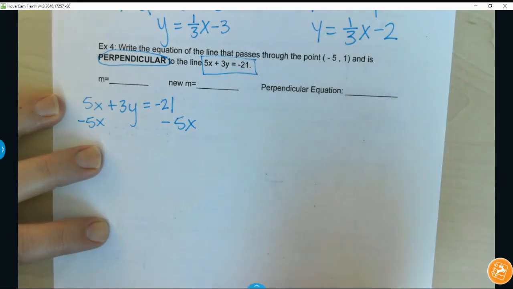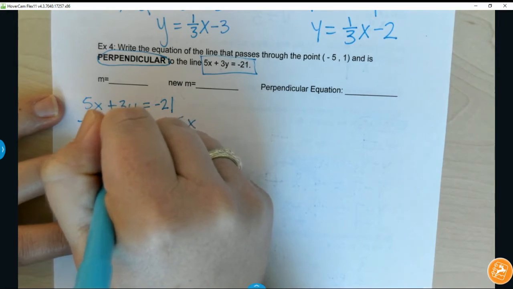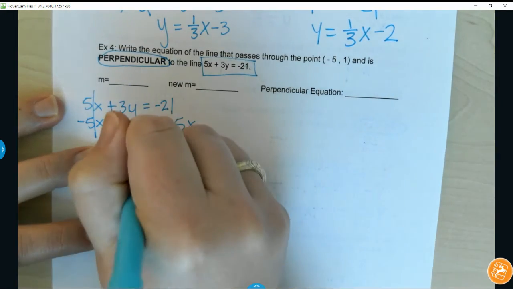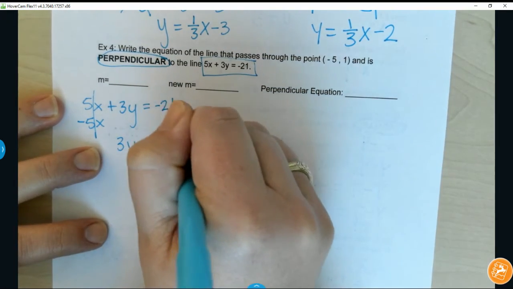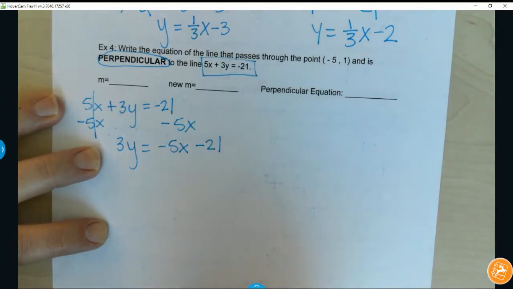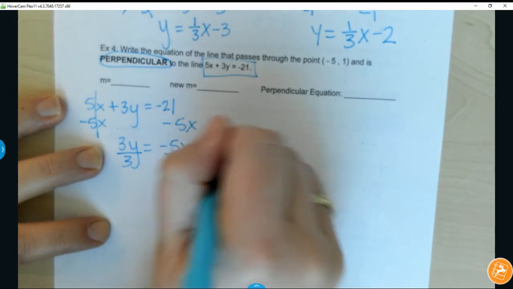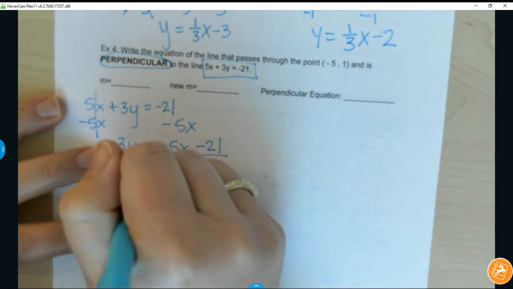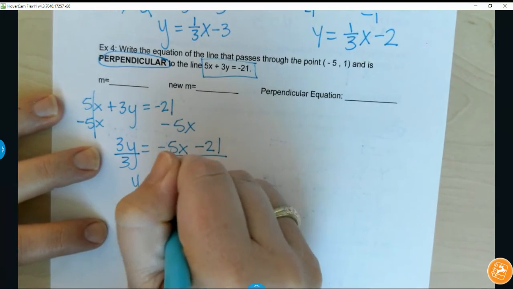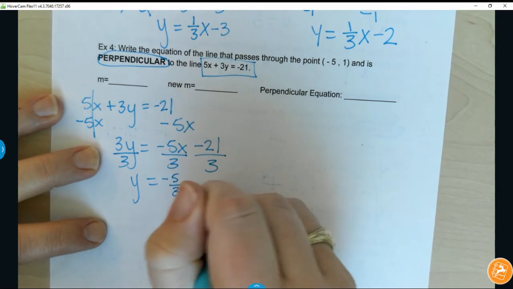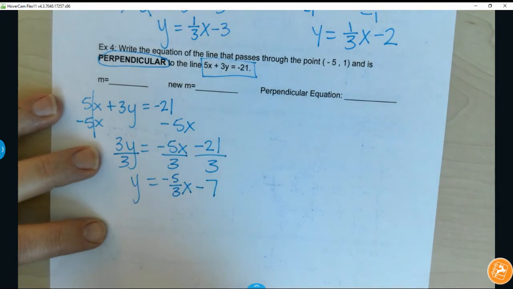Those are not like terms, so you do not combine them together. That's going to give us 3y equals -5x minus 21. Divide everything by 3. And that will give us y equals -5/3 x minus 7.